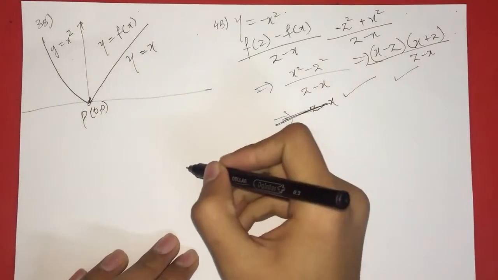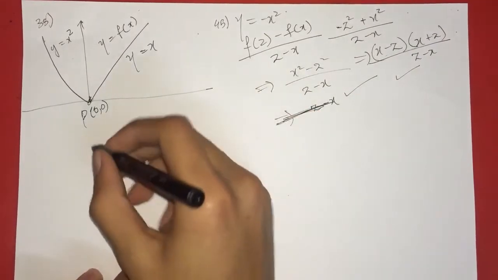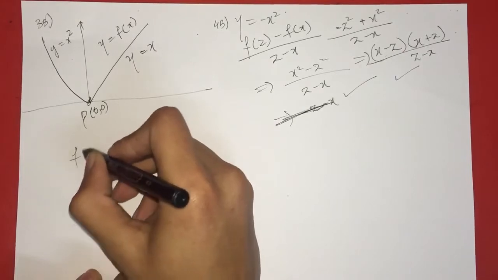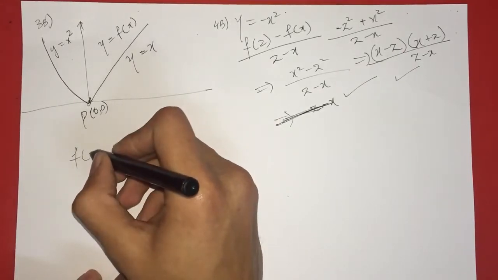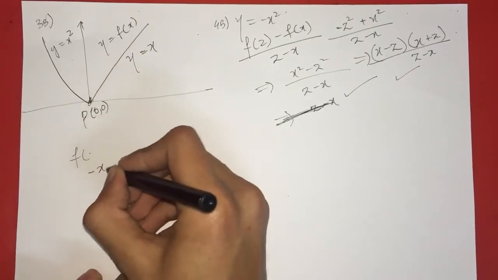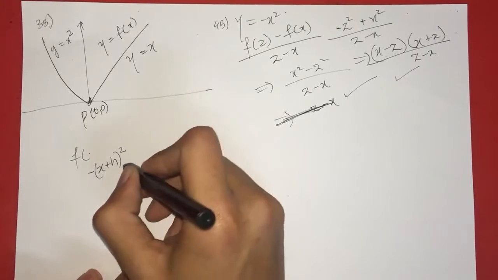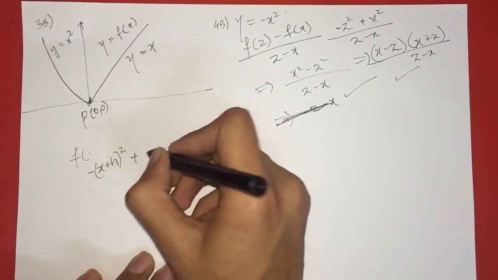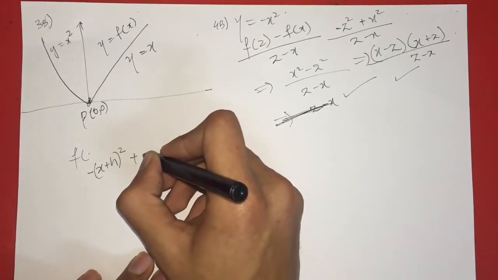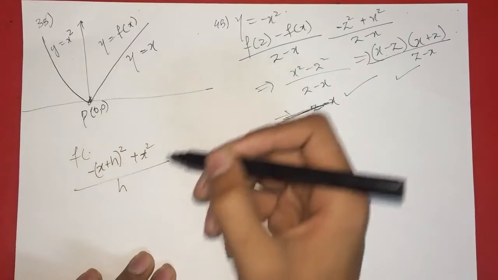So alright, let's do it by the normal definition of the derivative. So you have f of x plus h, so it will be minus (x plus h) whole square, plus x square, divided by h.